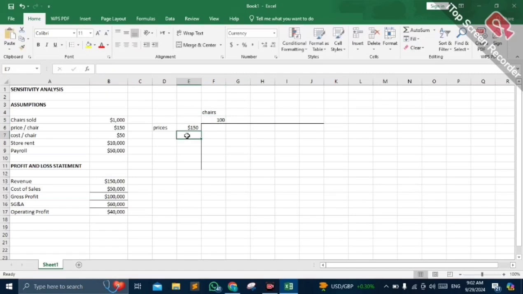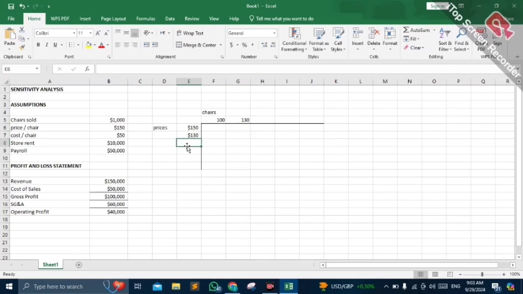Then maybe we decrease the price. Let's say we decrease the price to $130, then probably our chairs are going to sell a bit more. So let's add 130 chairs sold when we decrease the price to $130.